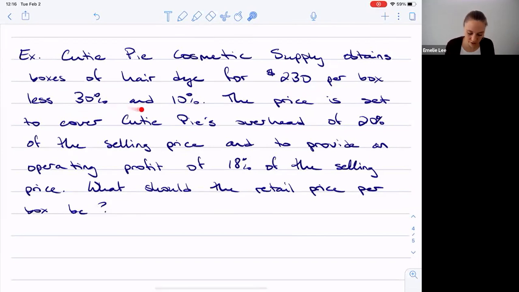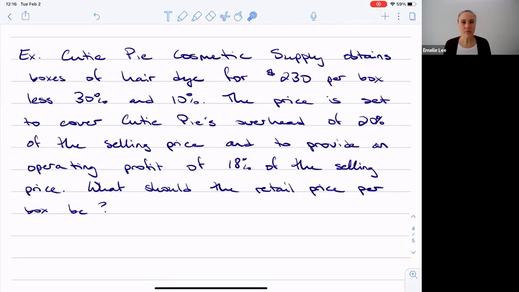I've got these trade discounts, and so far I only have one option for dealing with that. And then the price is set to cover Cutie Pie's expenses of 20% of the selling price and a profit of 18% of the selling price.